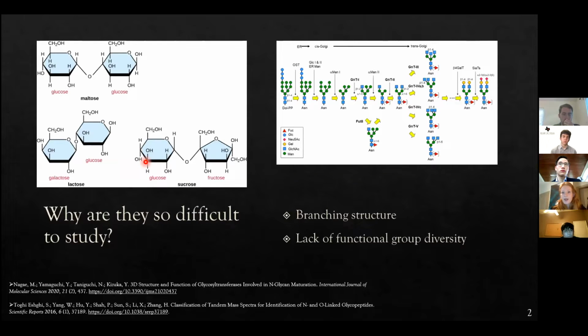And unlike proteins, whose sequences are determined by things like DNA, the branching structure of glycans is often determined by just the concentration of different sugars within the cell. So understanding these structures can be really difficult because of the large amount of branches and the lack of functional groups.